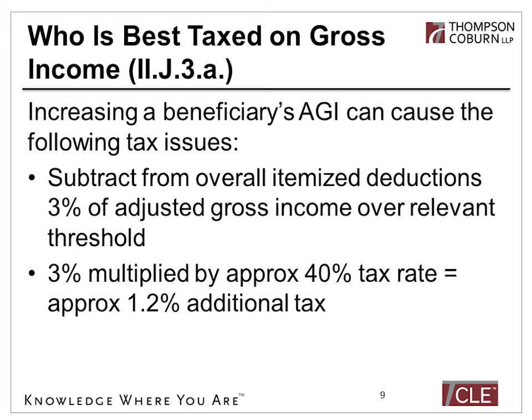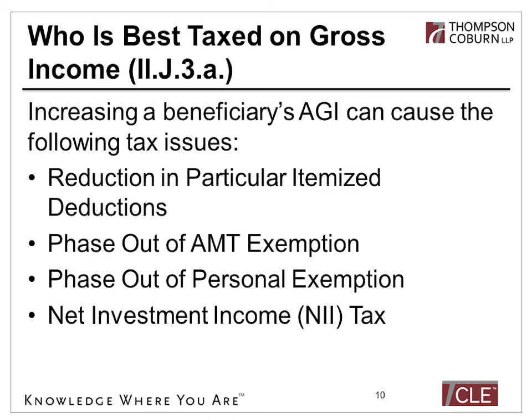So if you think about the top tax bracket being at 40% roughly for an individual, and you take this 3% reduction, 3% times 40% is an additional 1.2% additional tax. So in other words, an individual who's in the top bracket is actually paying tax at a 1.2% higher rate than a trust that's in the top bracket.